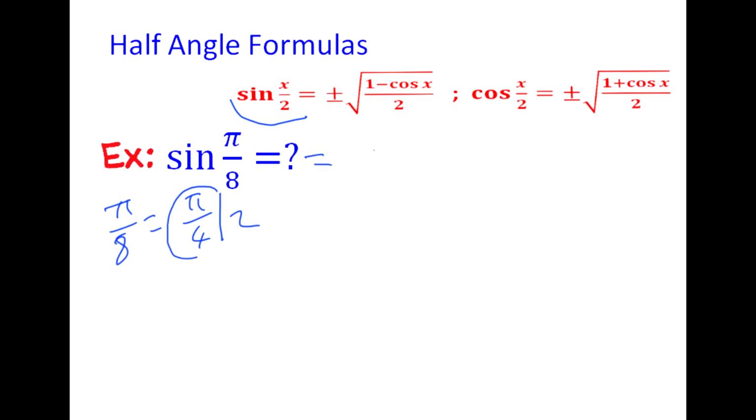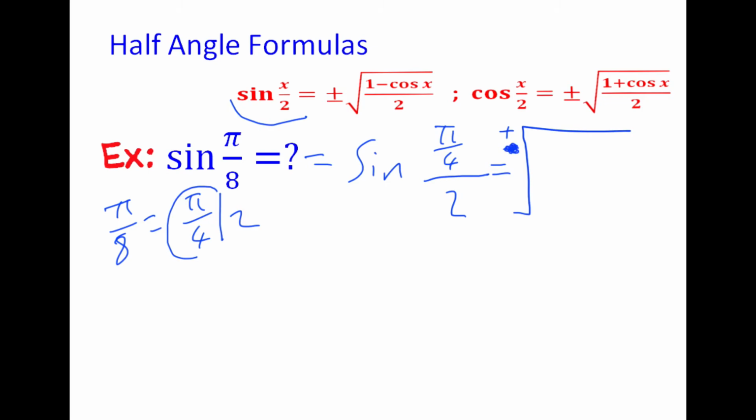So this is going to be equal to sine of pi divided by 4 divided by 2. And this is going to be equal to, in the square root, plus or minus, because pi divided by 8 is going to be in the first region, so it's going to be plus, of course. It's not going to be negative.